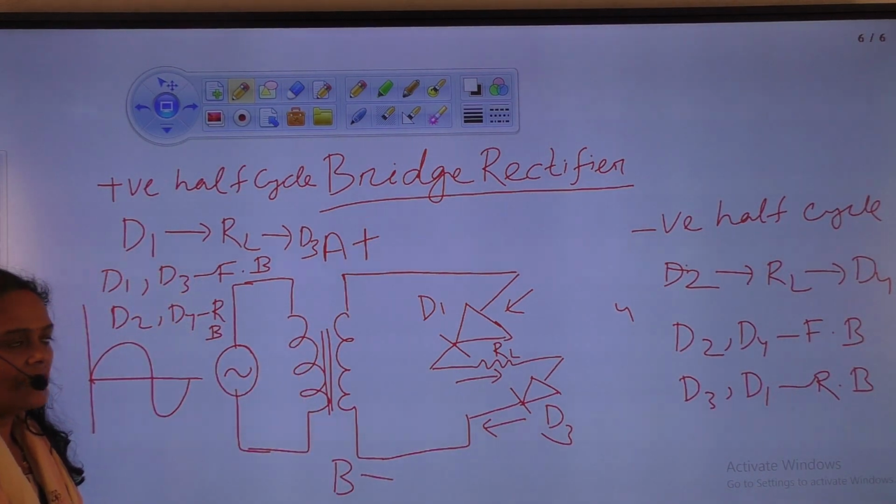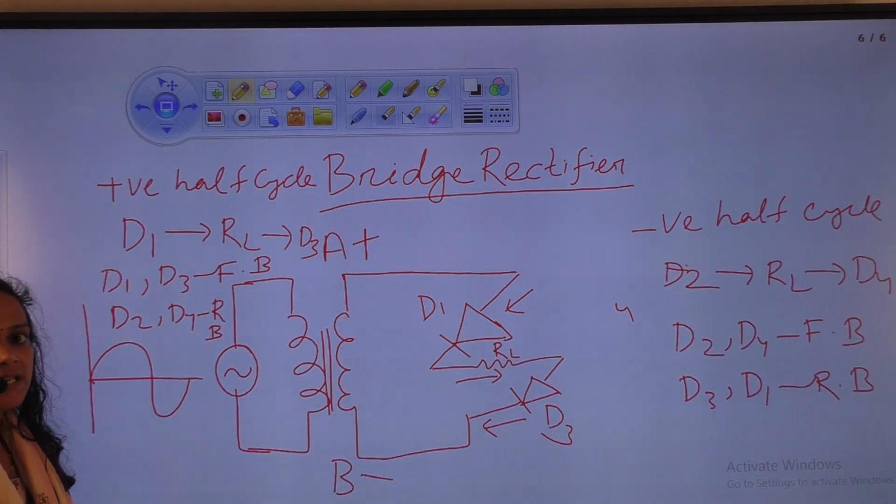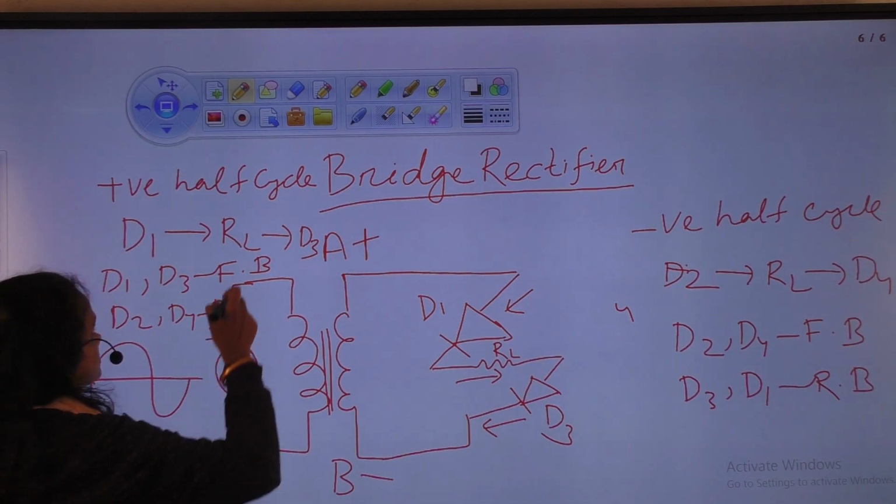Then next we draw circuit diagram for negative half cycle.